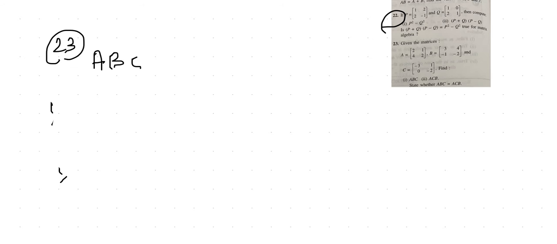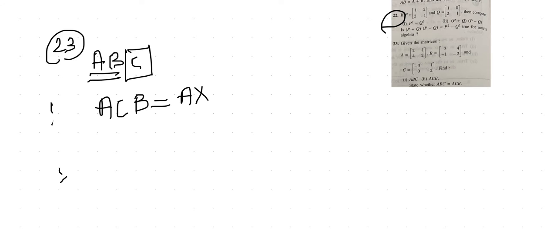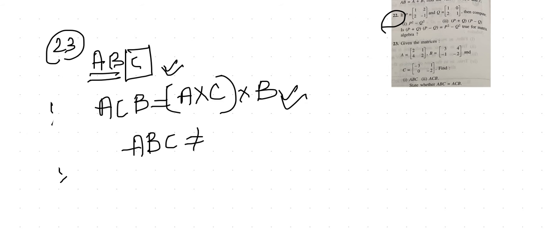For finding out ABC, first you will be multiplying A into B, and whatever resultant you are getting, you are going to multiply that by C. Okay, and then for finding ACB, you will be first multiplying A into C, and whatever resultant you are going to get, that you are going to multiply by B. So then you have to compare whether this is equal to this or not. If yes, then that is your answer. If no, then you will be writing that ABC is not equal to ACB.